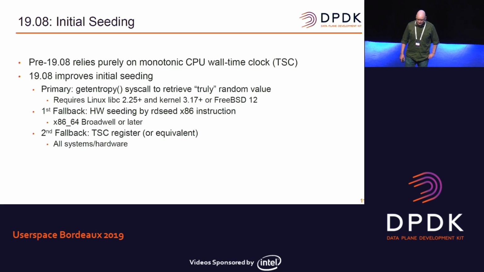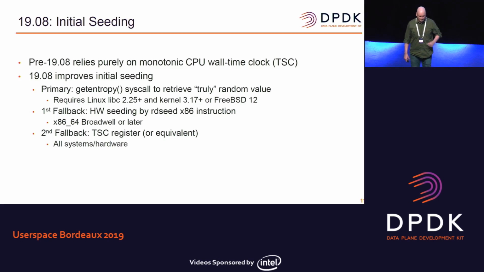Since I was messing around in the area of random numbers, I also took a look at seeding, with some help from Bruce. Originally, prior to 19.08, you just used RTC or the equivalent on other hardware platforms. Now we use a kernel service if available. It's a compile time check.